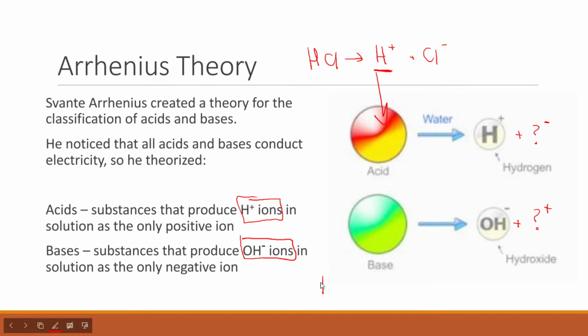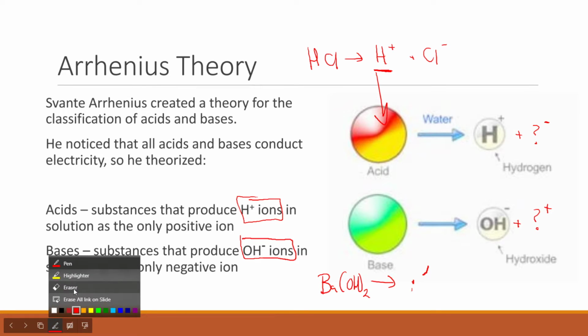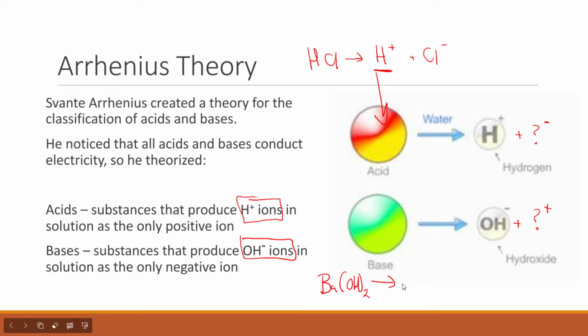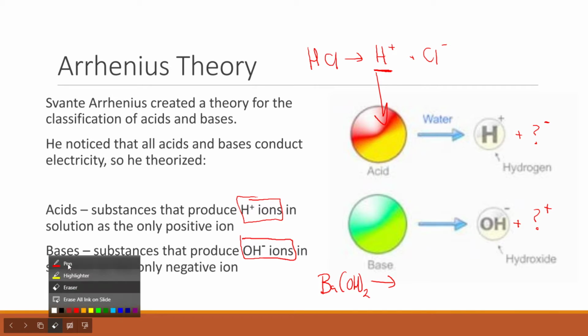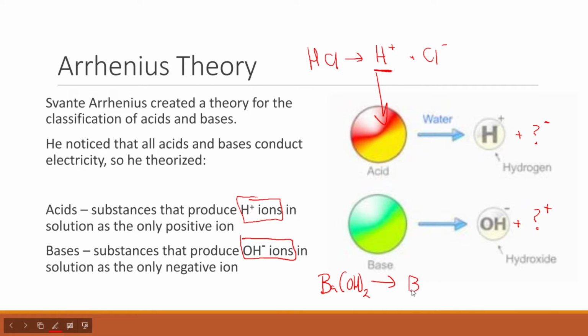If I have something like BaOH2 that breaks down into Ba plus 2 and 2 OH minuses, the fact that these OH minuses are there is what makes this thing a base.